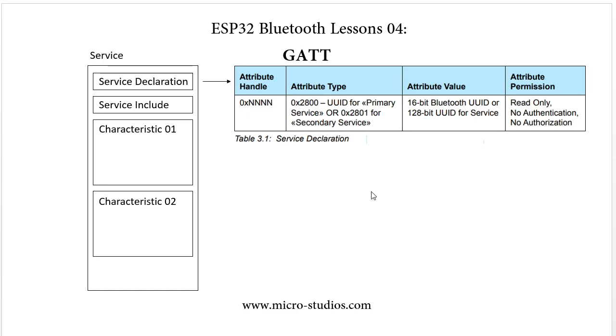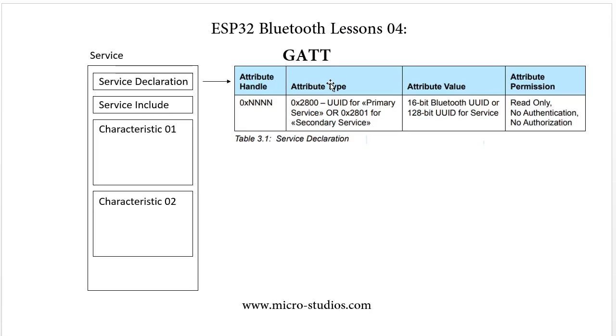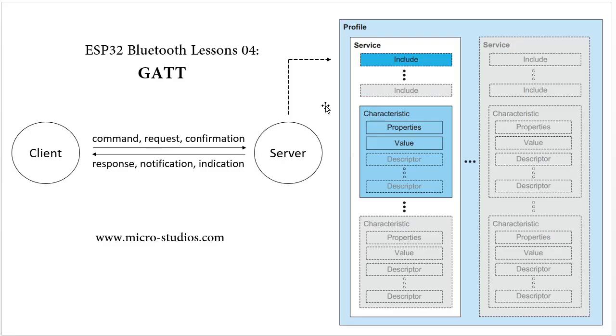By this way, the client will be able to know all the data in the service. It can check this attribute type, the UUID, to know all the data in the service.